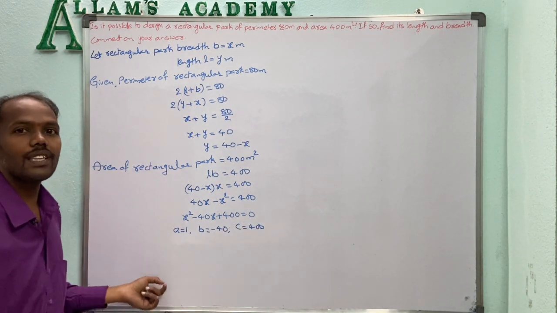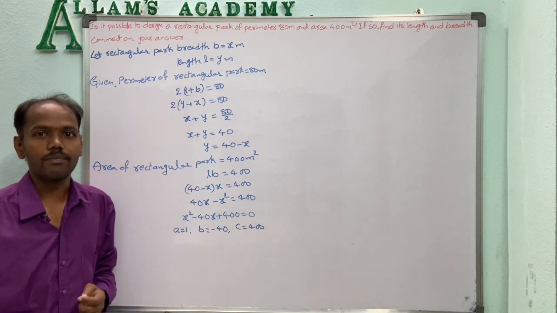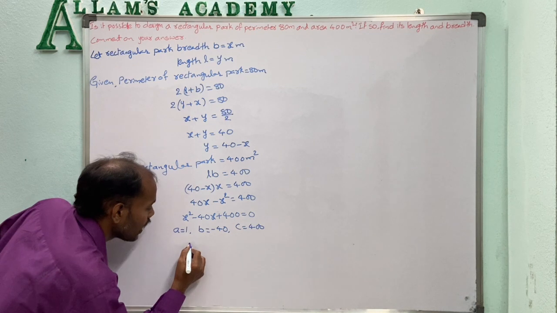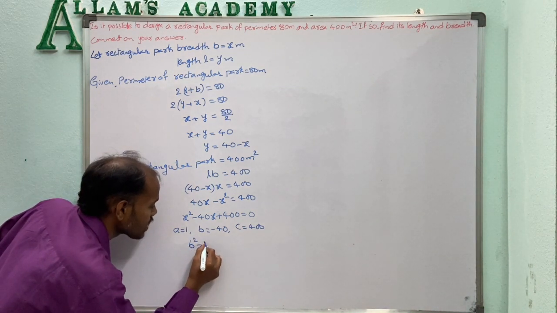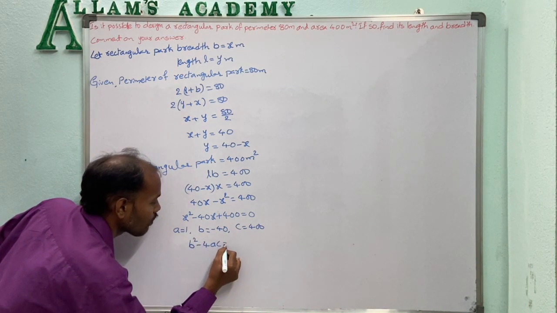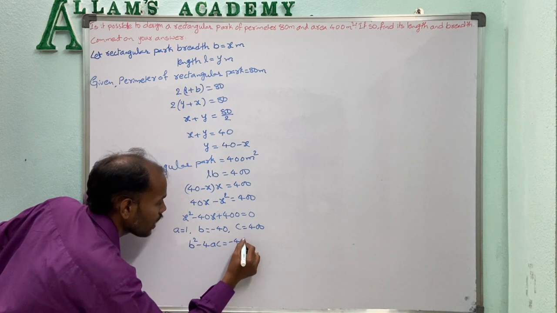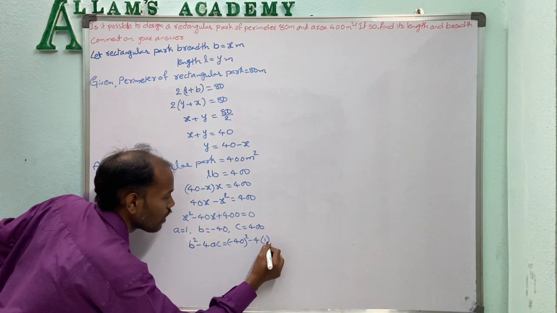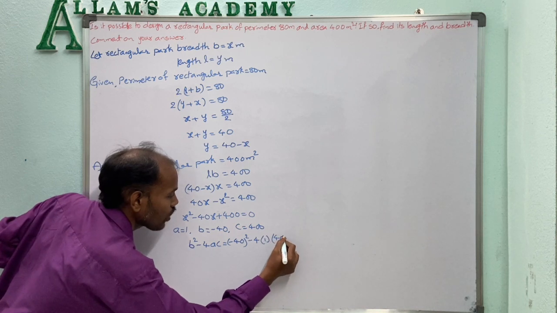Now comparing with the roots, the discriminant is b square minus 4ac. Here b equals minus 40, so minus 40 whole square minus 4ac, where a equals 1 and c equals 400.